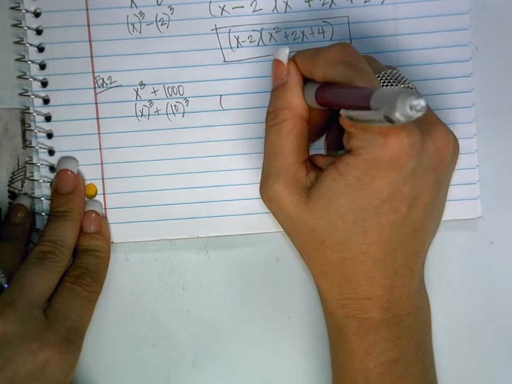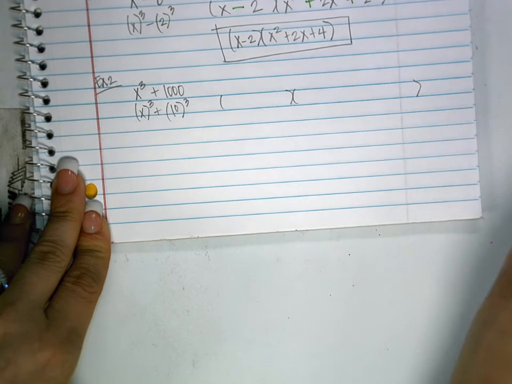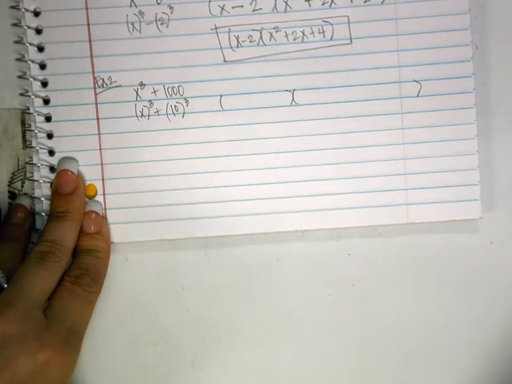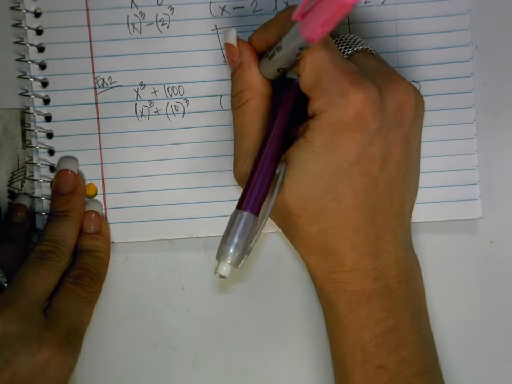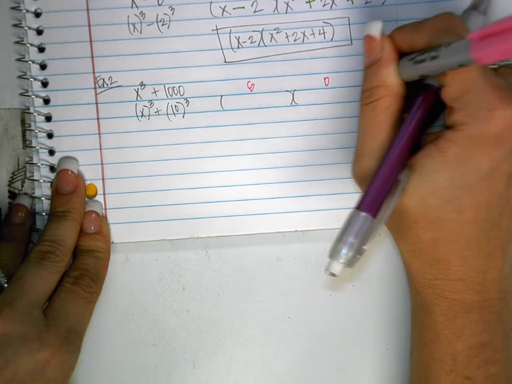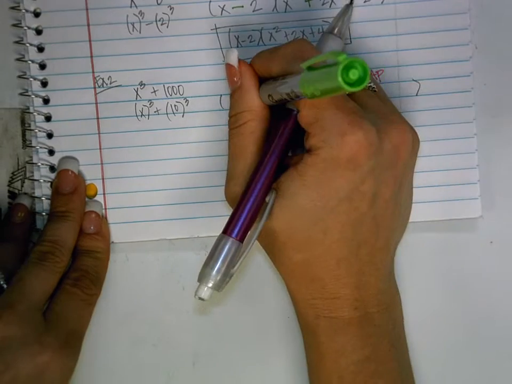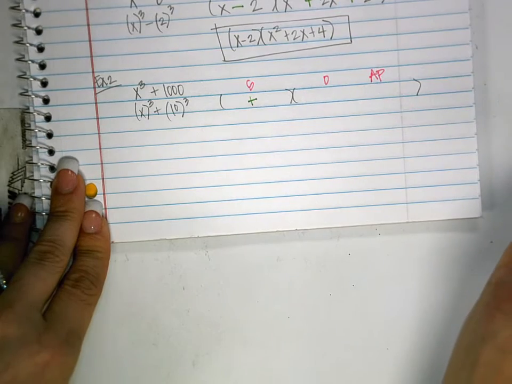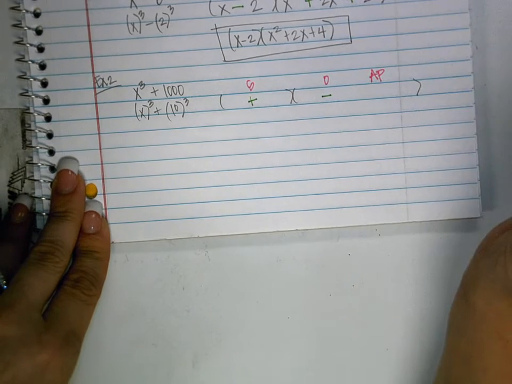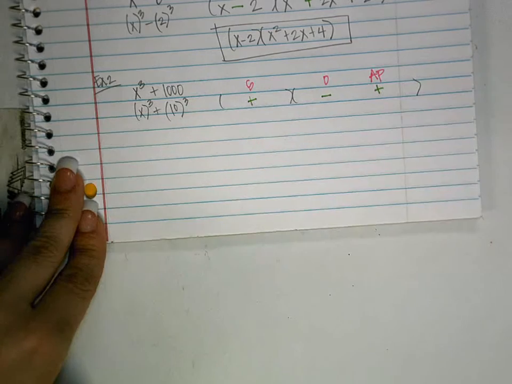Make your 2 parentheses, one a little bit smaller, one on the larger side. Put in your SOAP signs. Same for this one is going to be positive. Opposite is negative, always positive at the end. And then just fill in the blanks.